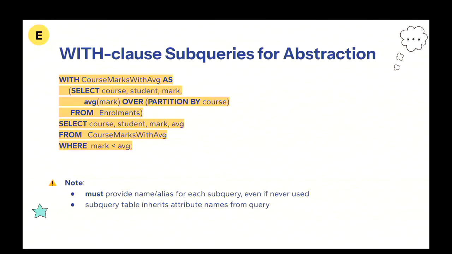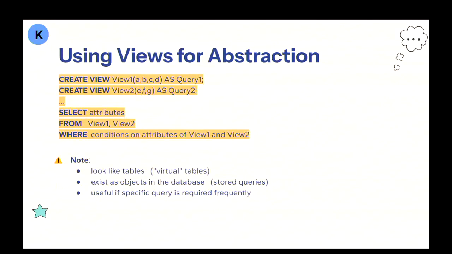So you may wonder, okay, we have from, we have with. What's the difference here? We will show you about the difference later. And here, let's quickly go through what we have summarized from the examples. Here is the summarized syntax for using views to do abstraction.